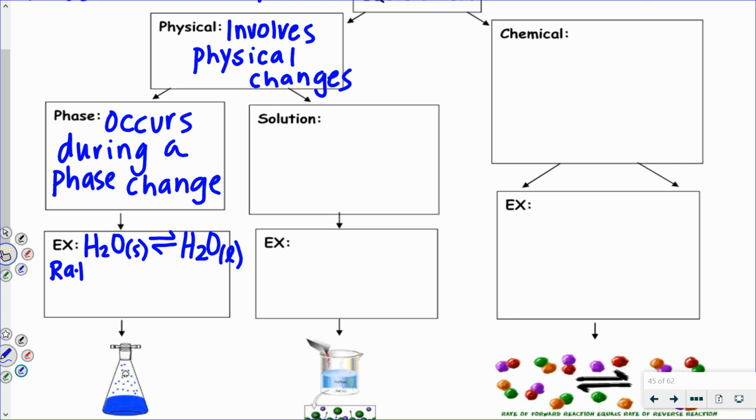So the rate of melting, going from a solid to a liquid, is equal to the rate of freezing, going from a liquid to a solid. And for water, this occurs at 0 degrees Celsius. Notice this is a phase equilibrium. We have the same substance, H2O, it's just undergoing a phase change.